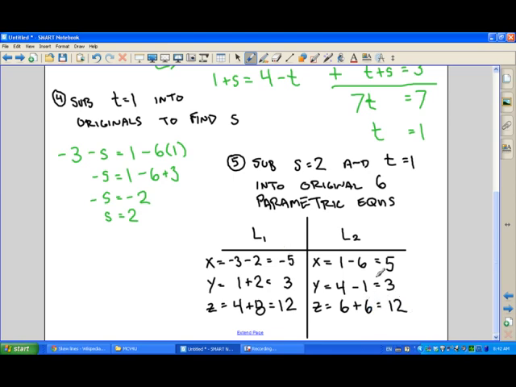And look at that, negative 5. I get the same values for line 1 and line 2, which means I can say the point of intersection for line 1 and line 2 is at negative 5, 3, and 12.